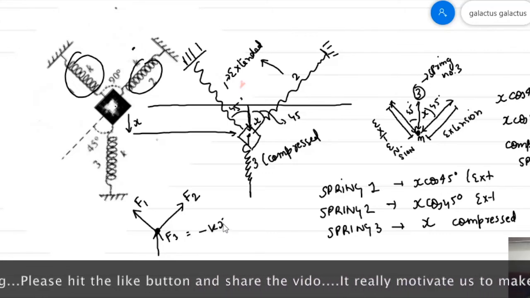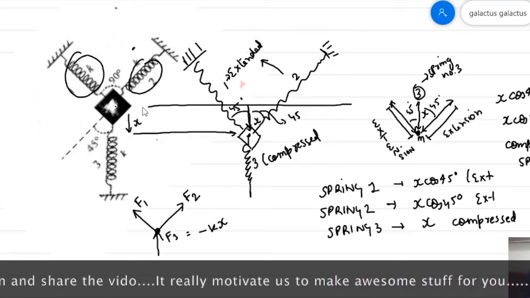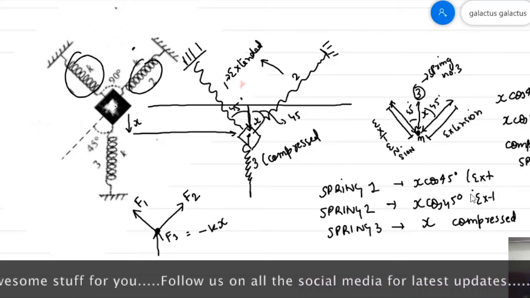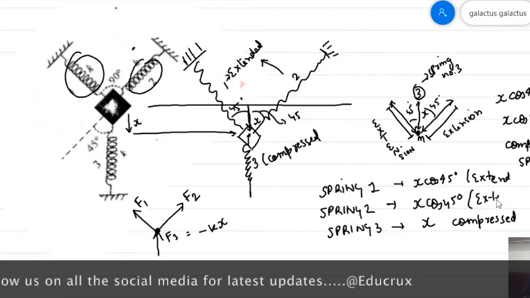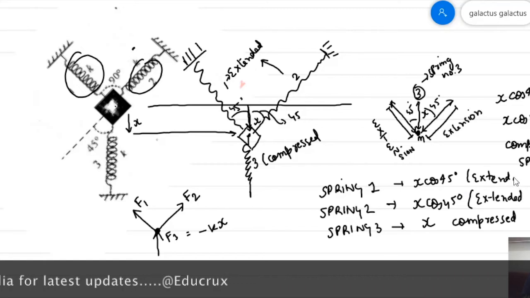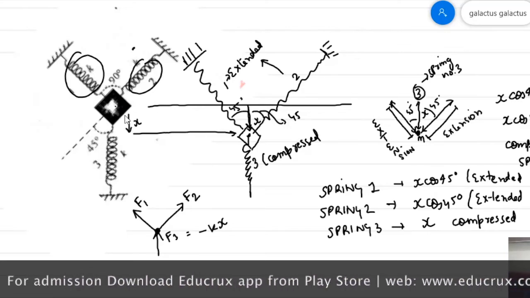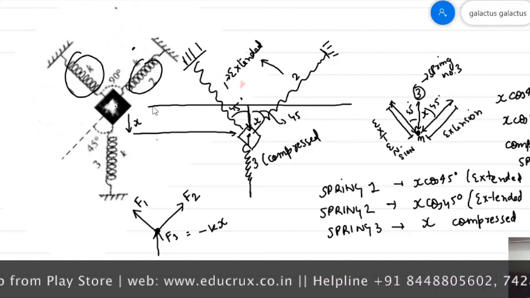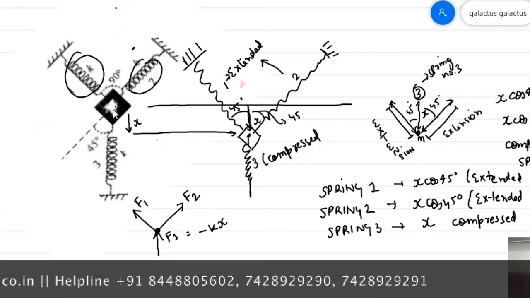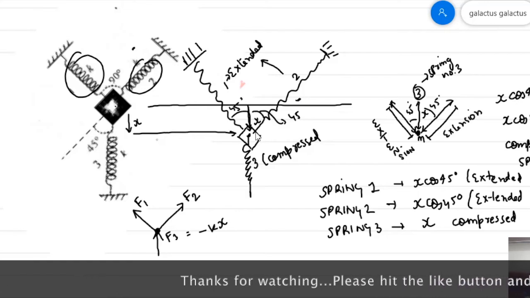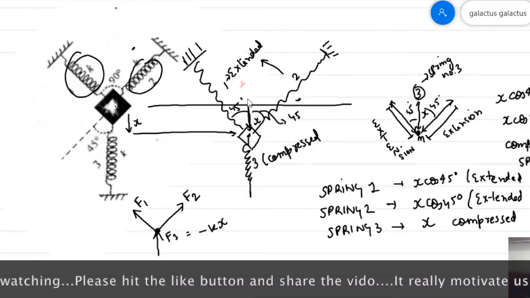minus kx. Similarly, spring number 2, when extended by a distance of x cos 45 degrees, because spring number 3 is compressed in the downward direction, then F2, when the spring is moved down like in this figure, will try to shoot back to its natural position, that is in the upward direction.